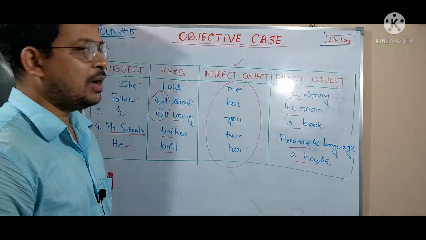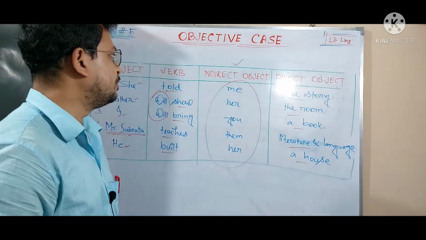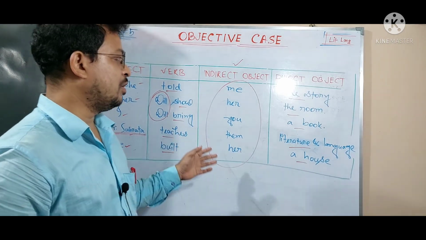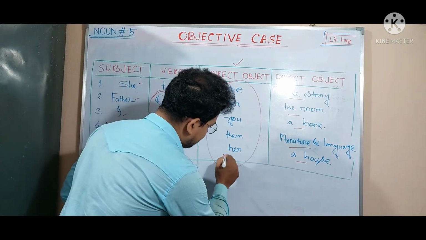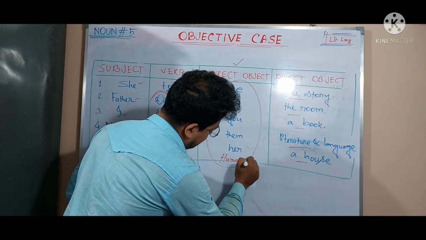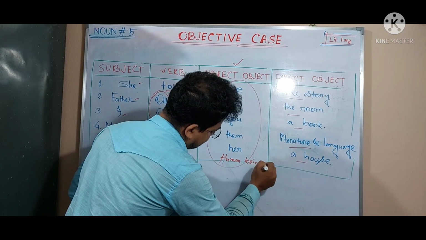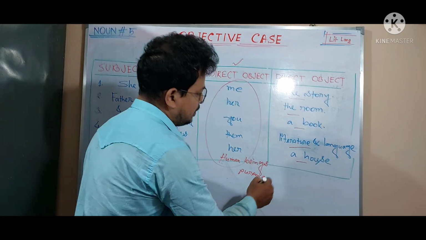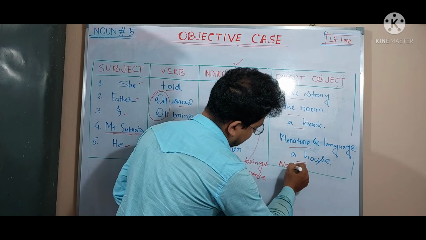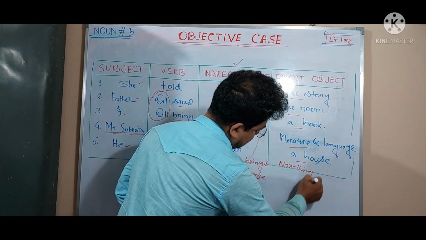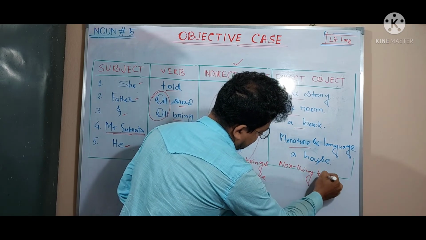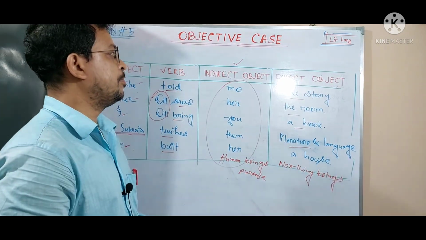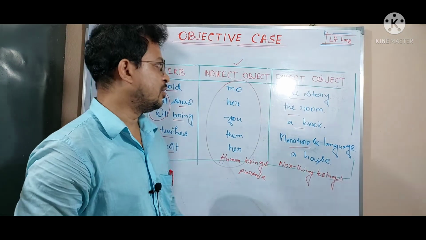So I think it is now clear to you that the indirect object is always for human beings, and these non-living things are called direct objects.